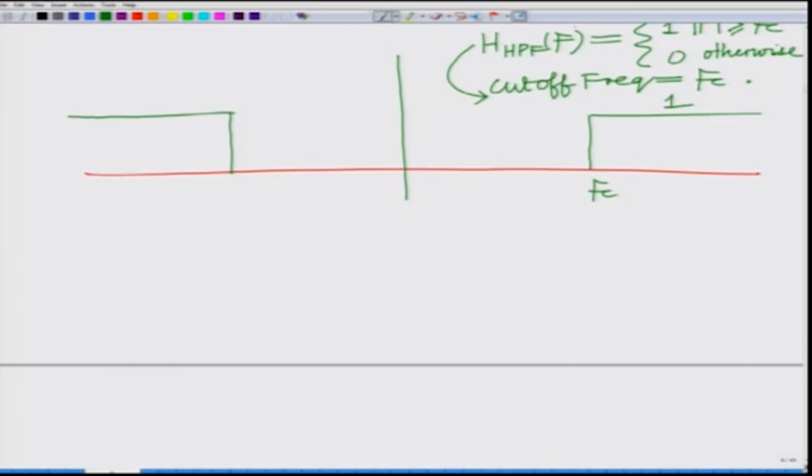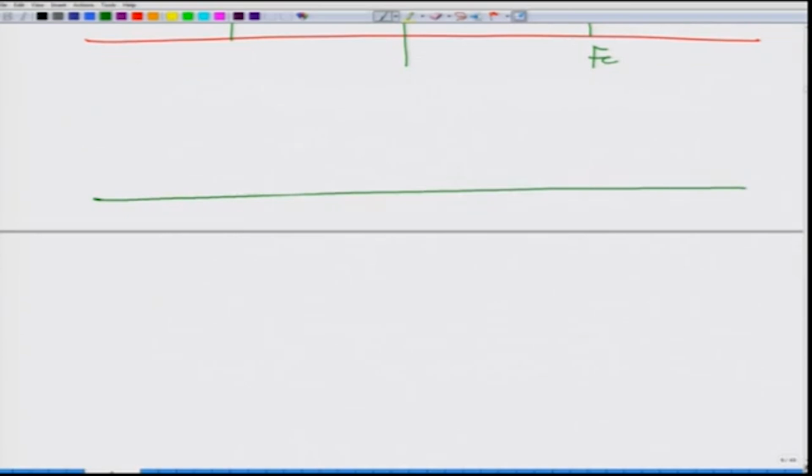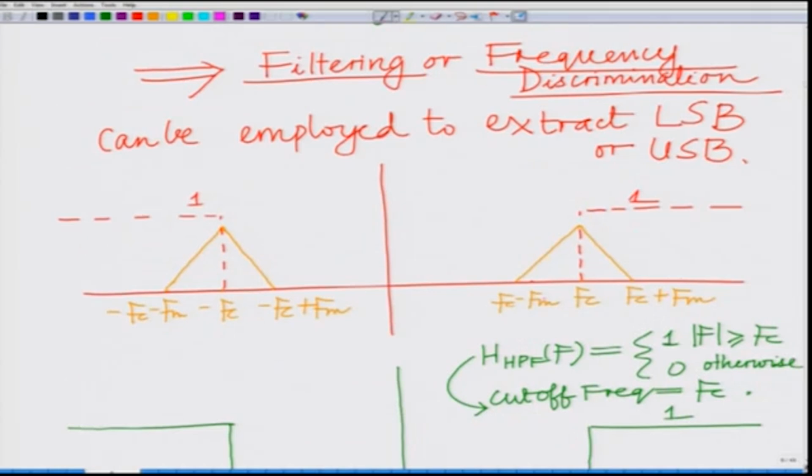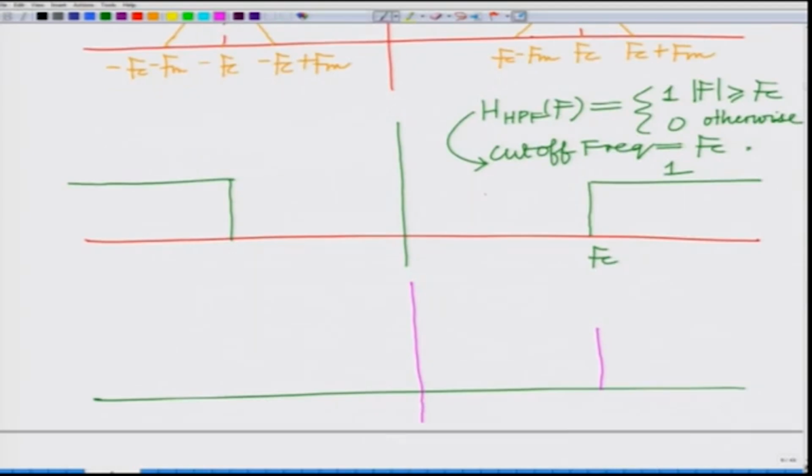If I pass the DSB SC signal, that is X(f), or the DSB SC signal x(t) through this, then naturally what this gives me is the upper side band that I am able to extract. Let me just show this again. I pass this through this filter, and the output is X(f) times H_HPF, which is the Fourier transform of the high pass filter.